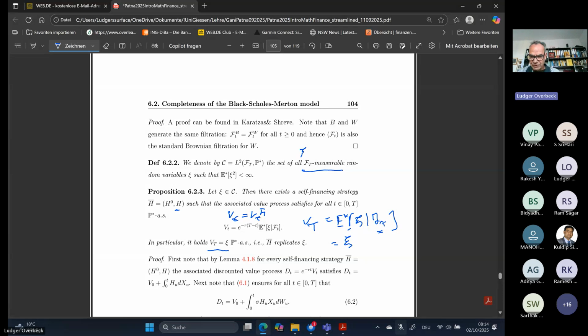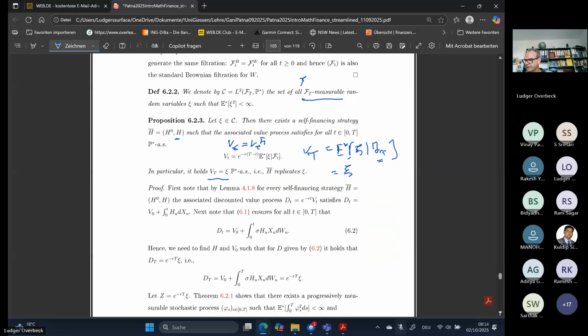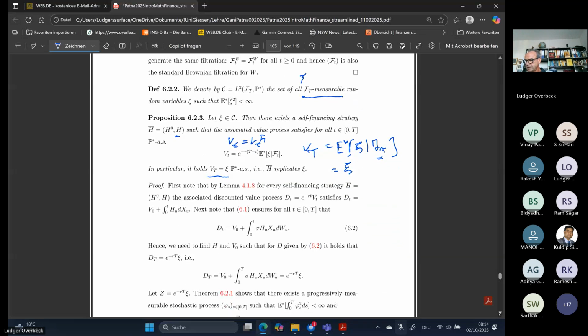This we could have also known if we had proven the fundamental theorem of asset pricing for a Brownian motion in continuous time. We have just, in the last lecture, seen that the discounted value process is a martingale with respect to the discounted asset value.